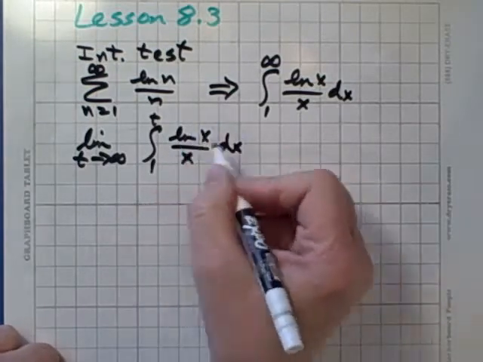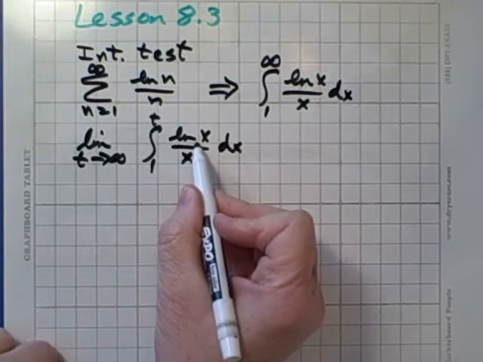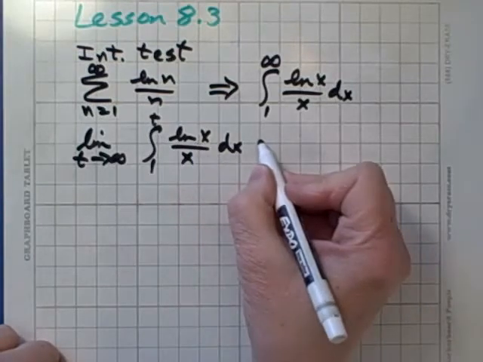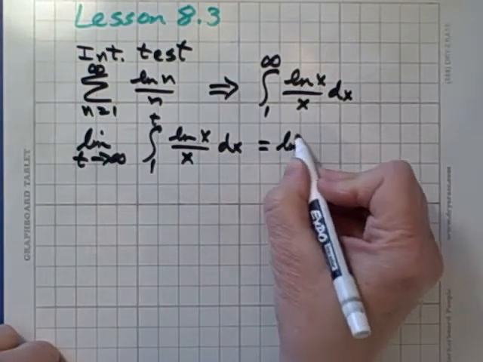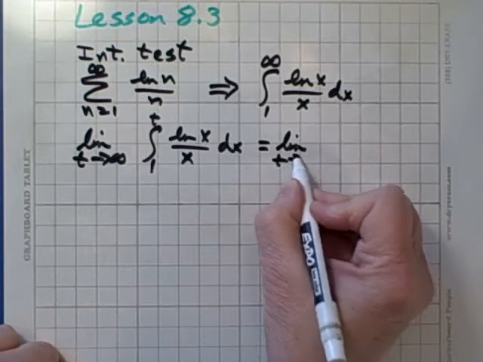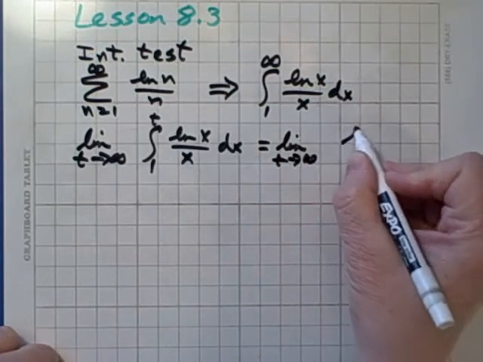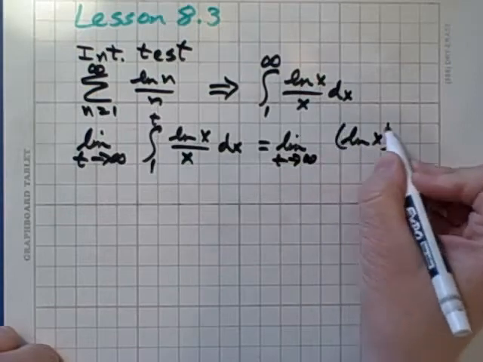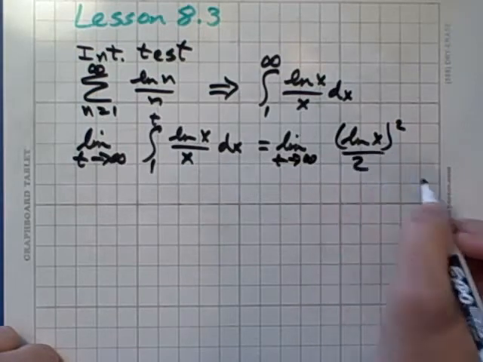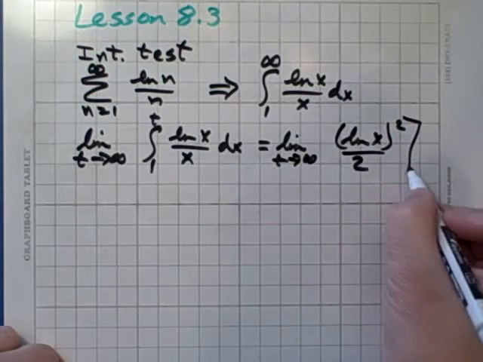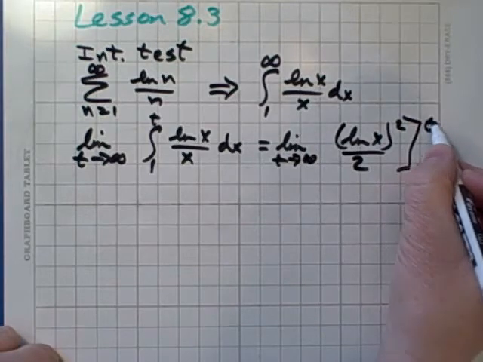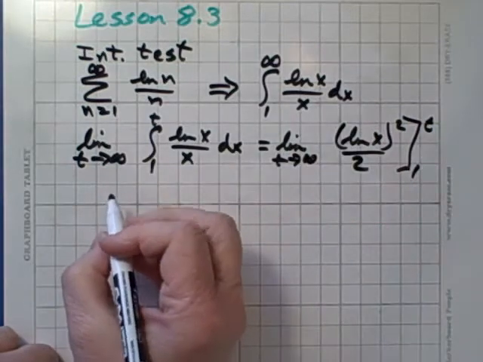And if we go to integrate this, we would do the u substitution that we previewed a little while ago. And it's true that we would get the natural log of x squared over 2. And we would still need to do the substitution from 1 up to t. So we make that substitution.